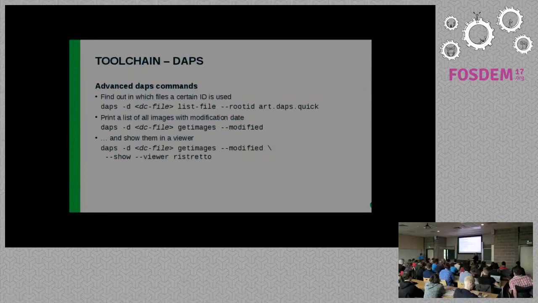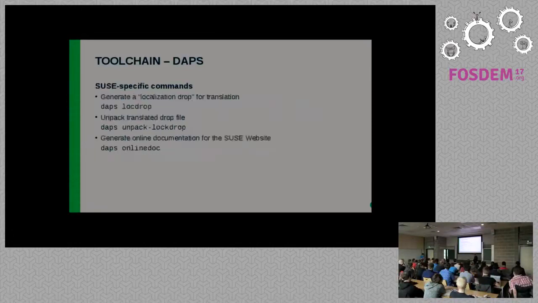I have a ton of files in my repository, and I'm looking for the file that contains the root ID art for article dubs quick, and I could get that with grep probably, but that would also list a lot of false positives, so we have a command for that. Or you can say generate me a list of all images with the modification date, and also show these images in the viewer. So it's quite a comprehensive tool.